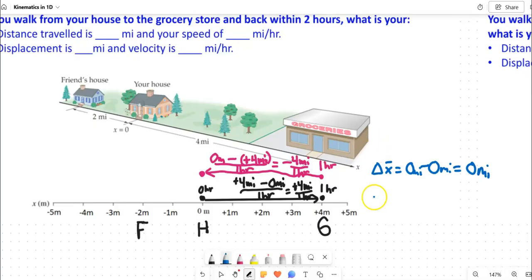But your trip that you took, which is the sum of all your distances, well, you walked 4 miles to the right and 4 miles to the left. So if you sum up all of that, you walked a total distance of 8 miles, with no plus because it doesn't have a direction.